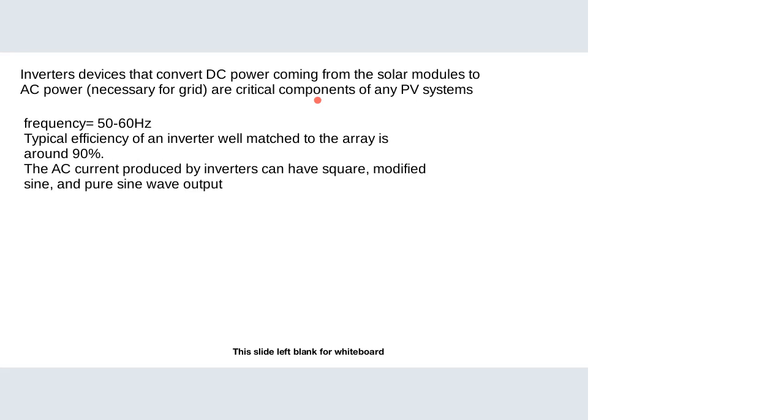We are saying they produce waves. We all know what a wave is. So I say these waves can be in three categories. One is the square, two is the modified sine, and three is the pure sine wave.